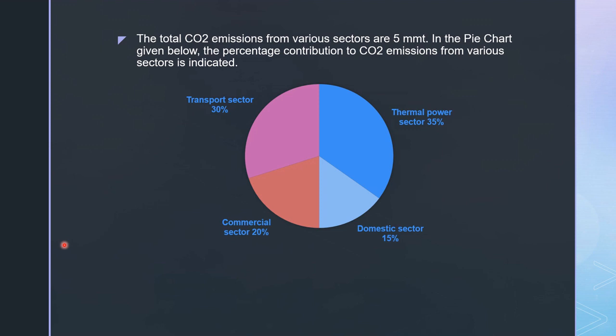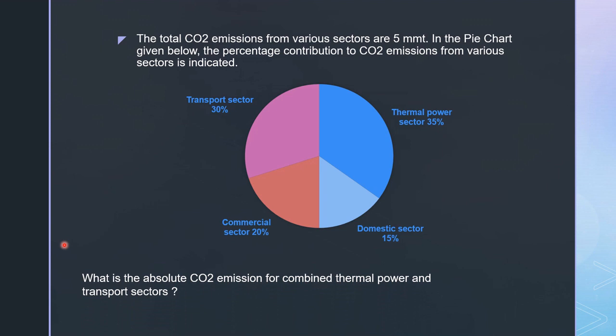And from the commercial sector, the value is 20%. Now the question is, what is the absolute CO2 emission for the combined thermal power and transport sector? And the options are option A 3.25 MMT, option B 1.5 MMT, option C 2.5 MMT, option D 4 MMT.